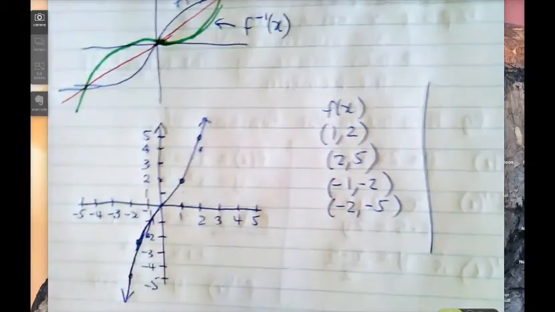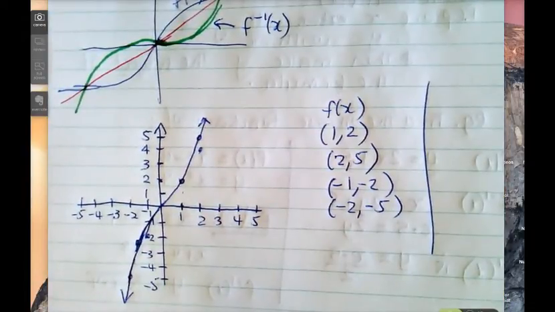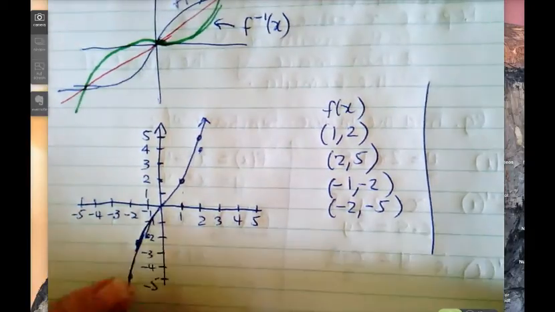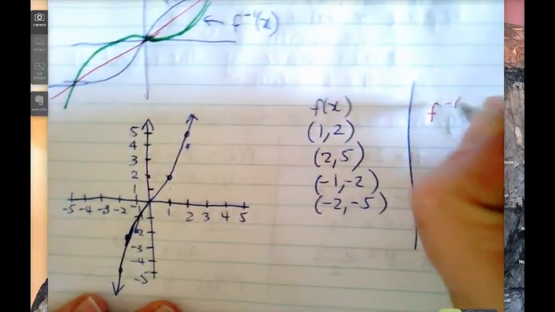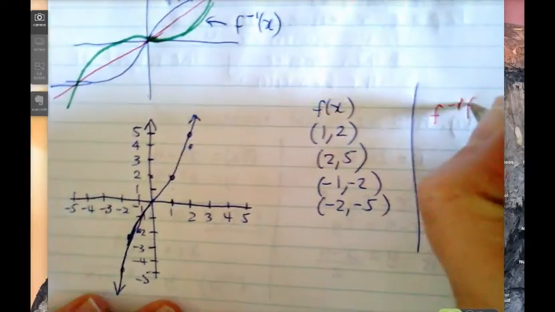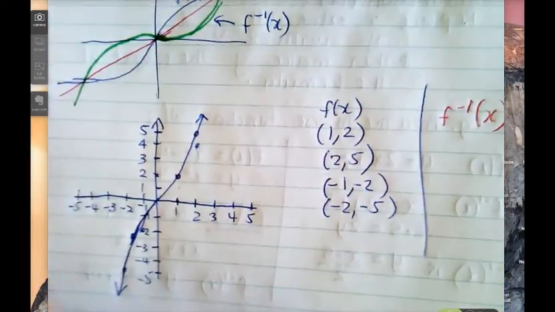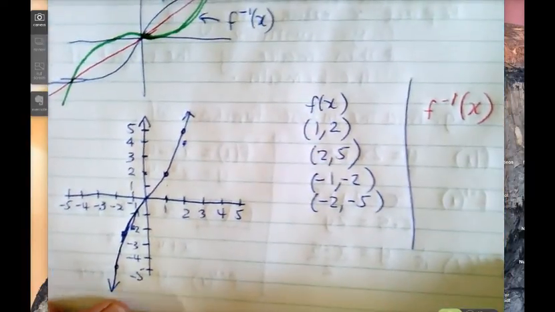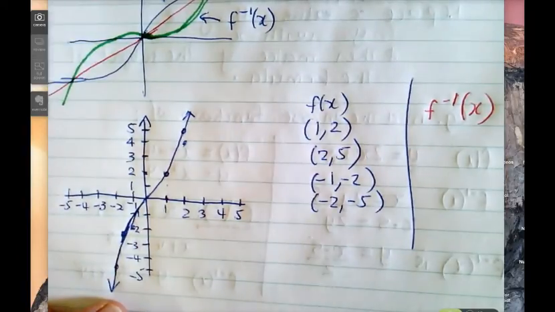Do you remember what I said about functions and their inverses and x and y values before? They're swapped. So let's say you didn't even know what that function is, and I don't know what it is either. Well, the inverse function, girls, you just swap.